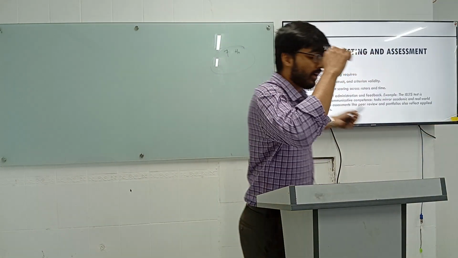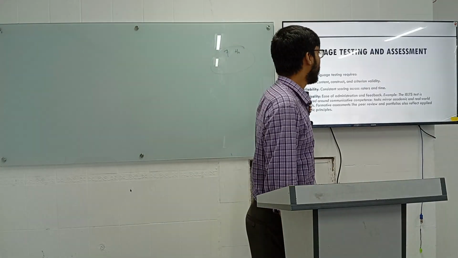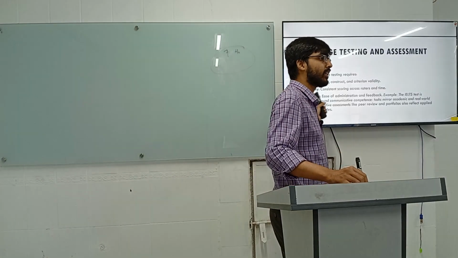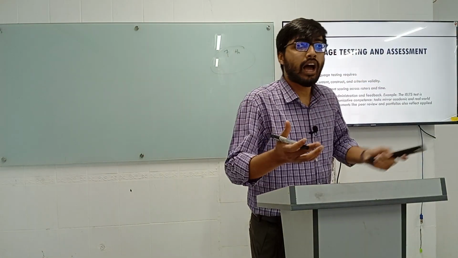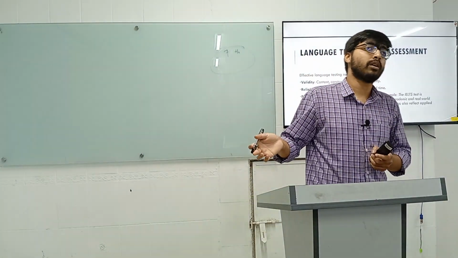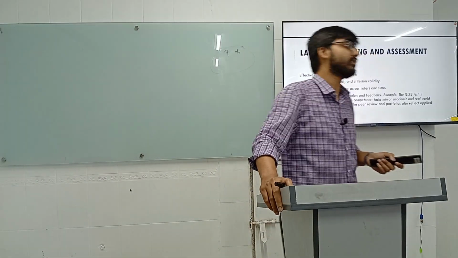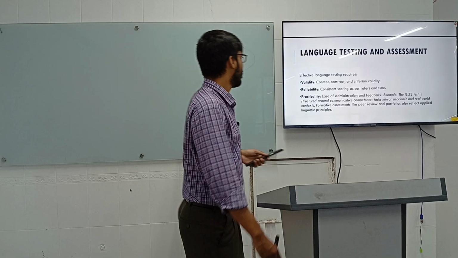So no matter who is checking the script, the number is constant or consistent. That makes the exam reliable. Not like I am checking the script and giving you 25, and another one is checking and giving you 35. Well, that means this exam has some problem.